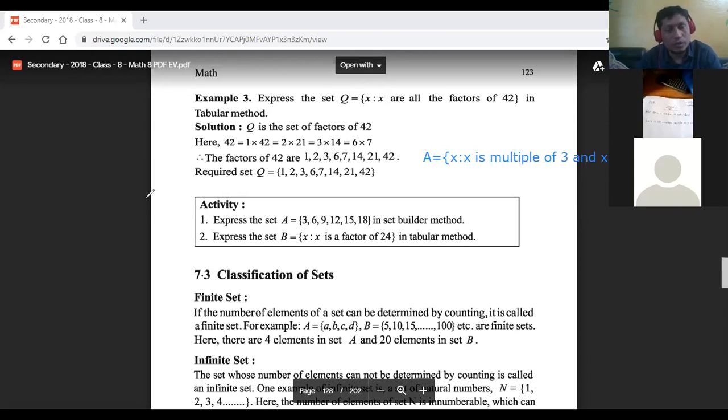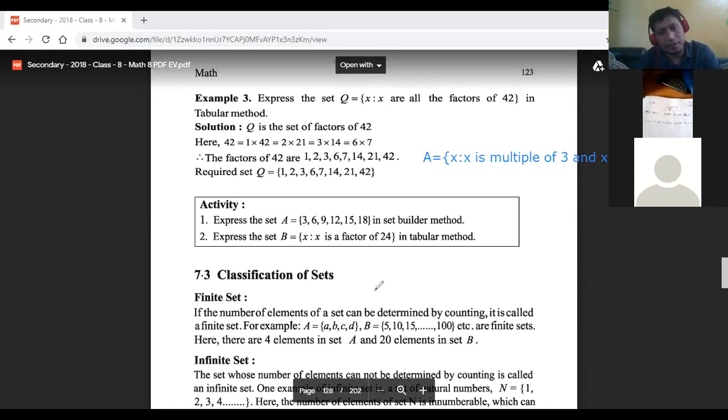You can say 2, you can say 4, you can say 6, you can say 12, you can also say 24, etc. Anyone can come here. So this is expressed in tabular form.